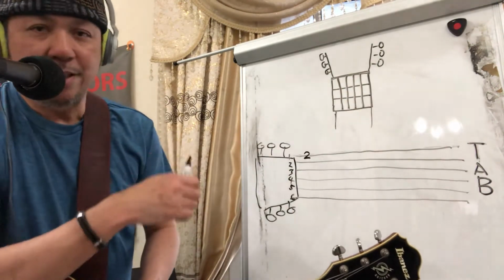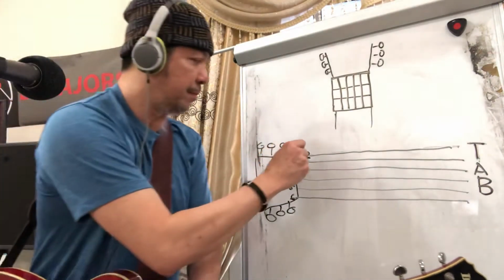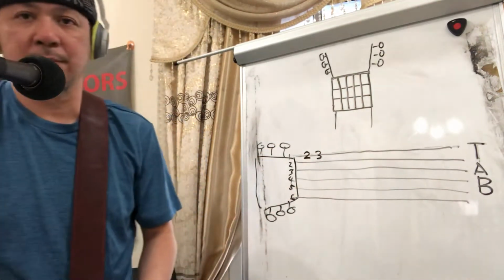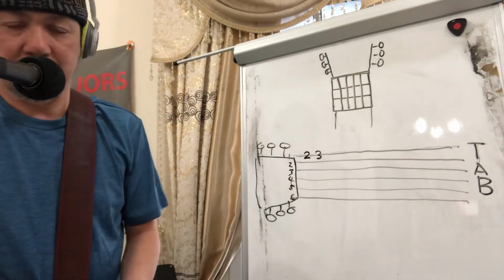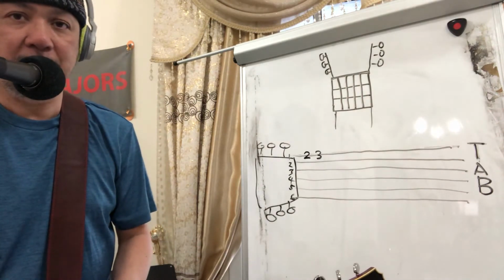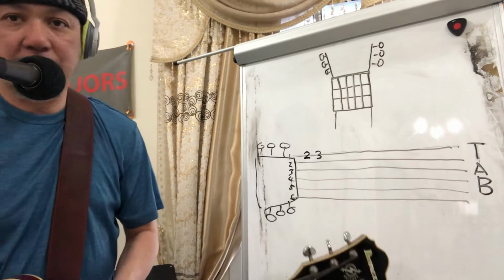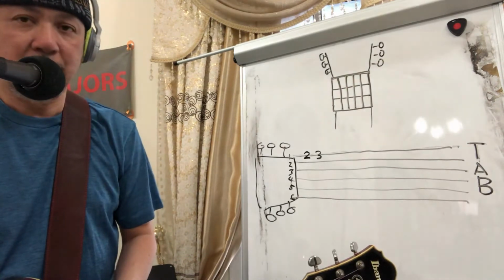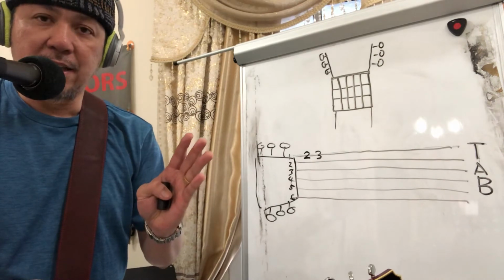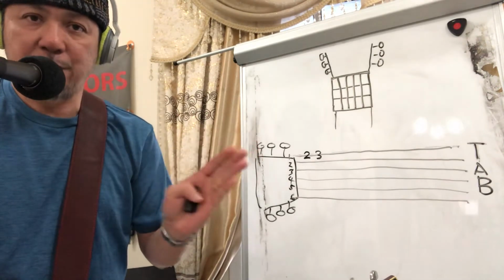So let's proceed. You see another number. Three. So what does it mean? It's still on the same line, the first string. So it means 2nd fret and 3rd fret. So these are 2 notes. When you are reading a tab, you are reading from left to right.